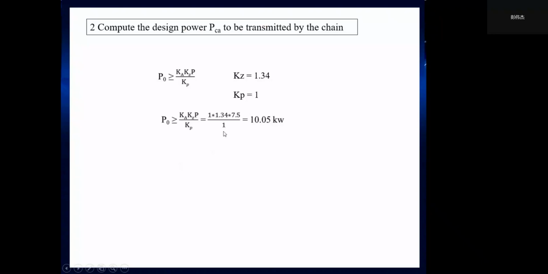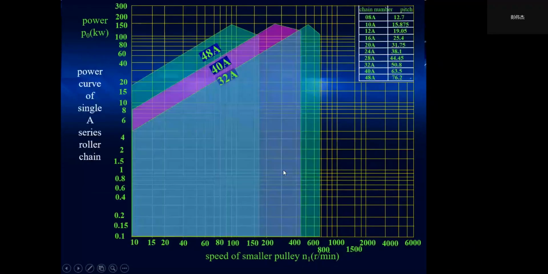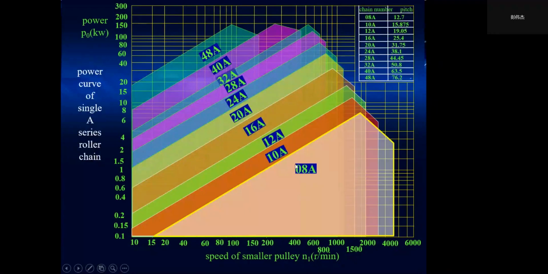So we know P0, and then we should select the type of chain and determine the pitch P. From the selection diagram, we know that P0 is 10.05 and the speed of the smaller sprocket N1 is 214.